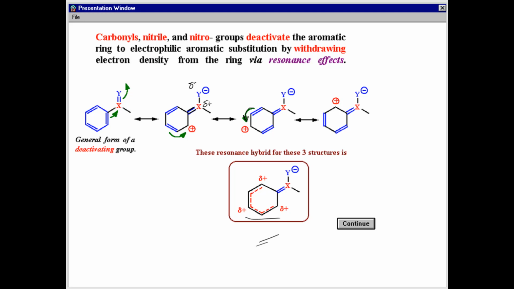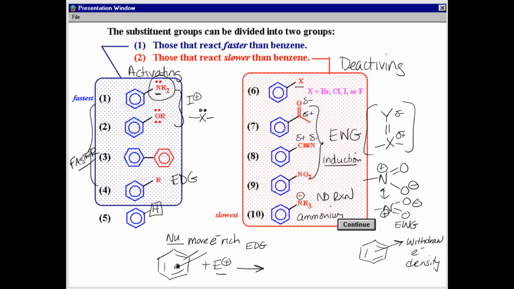Better yet, it's pulled electron density out of the ring by resonance. So now I've made this ring less reactive because it's not as electron rich as it once was. Okay, so this is how those groups activate and deactivate.